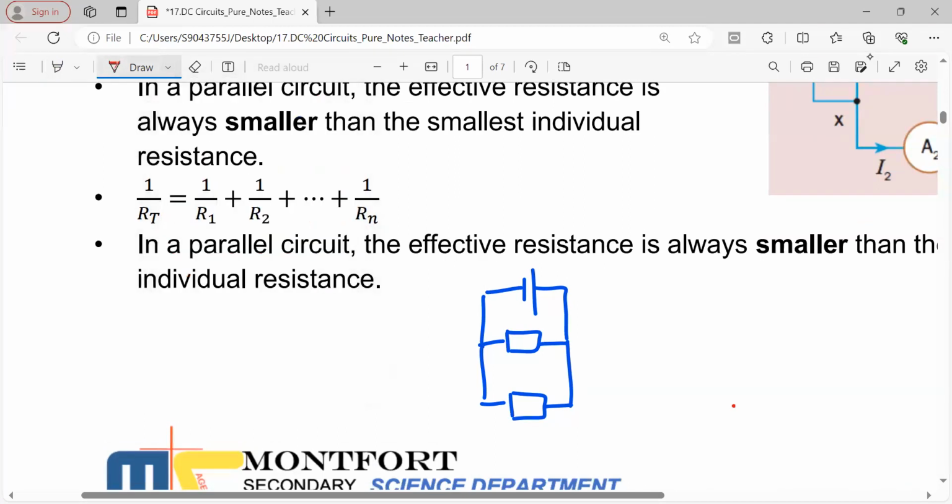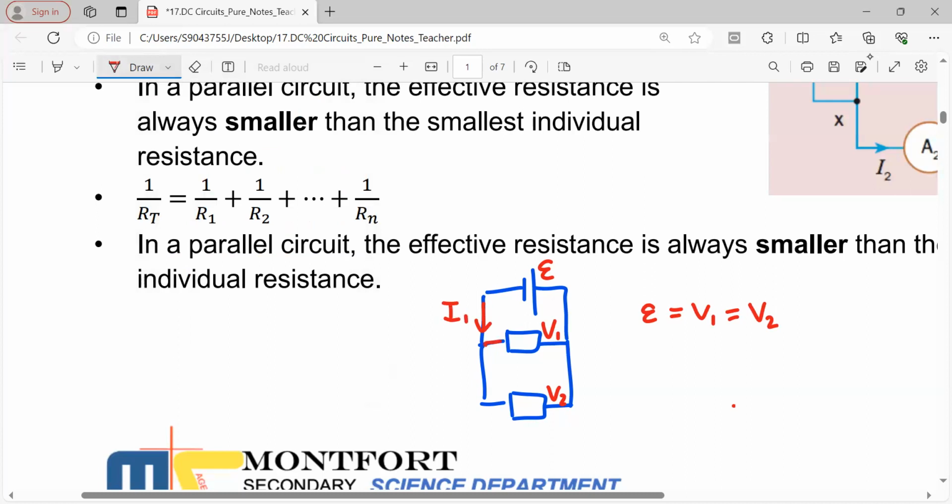This time round, the voltage, the PD, is going to be the same. The EMF is going to be the same as the potential difference of the first resistor and the potential difference of the second resistor. So now the difference is the current.